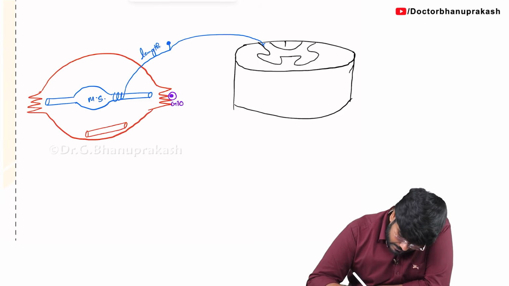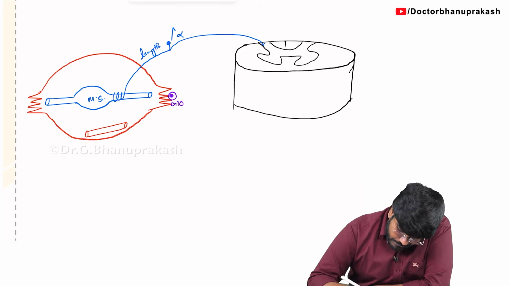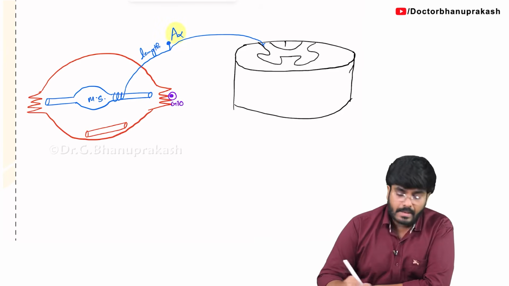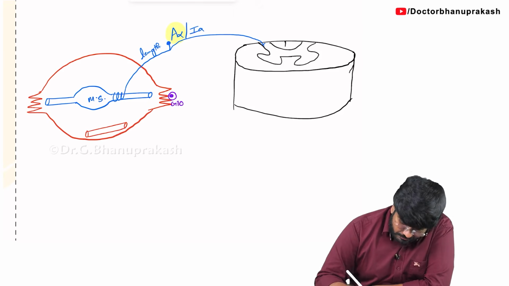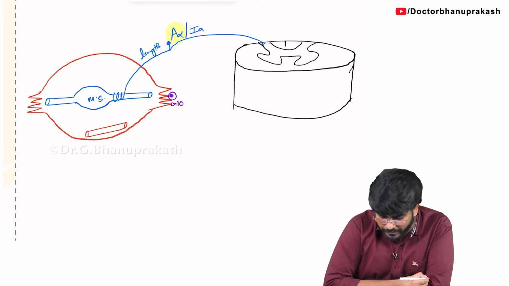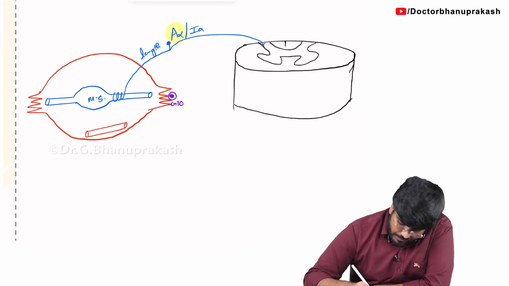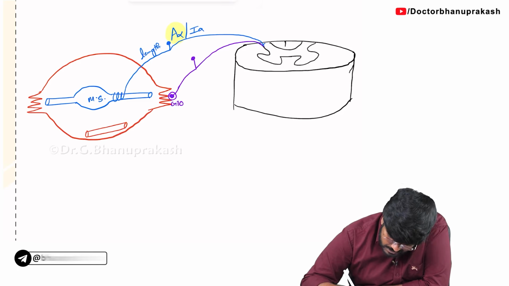So this is alpha, A alpha, according to the Erlanger-Gasser classification, but according to the numerical classification, it is a 1A fiber. Next, from the Golgi tendon organ, which is also a receptor, one more sensory neuron from the muscle is taking the information to the central nervous system.